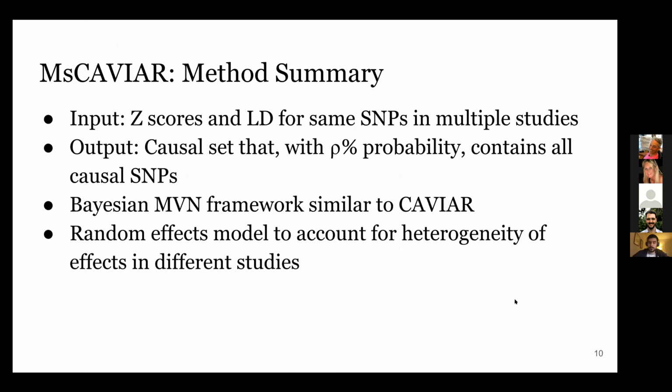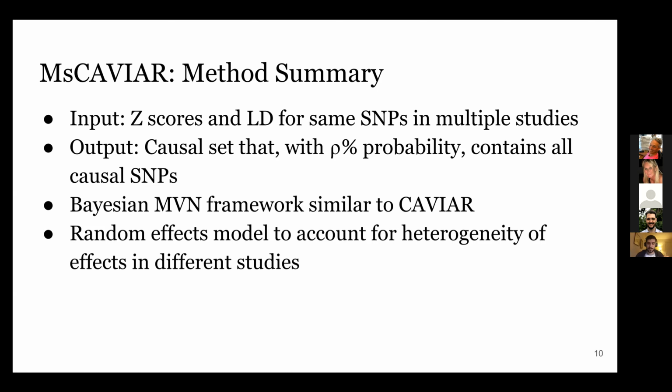And so just to summarize or wrap up the methods section before I move on to the results. Again, we're taking as input the z-scores, the summary statistics, and the LD for the same SNPs in multiple studies. And then we want to output a causal set that with rho percent probability contains all the causal SNPs.